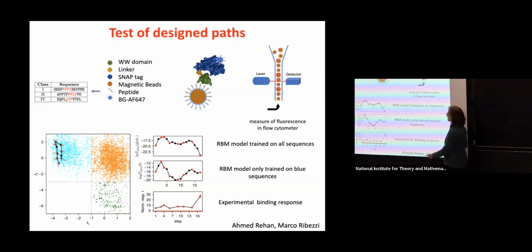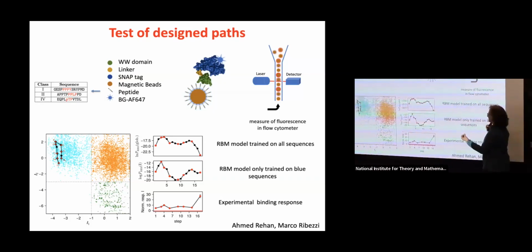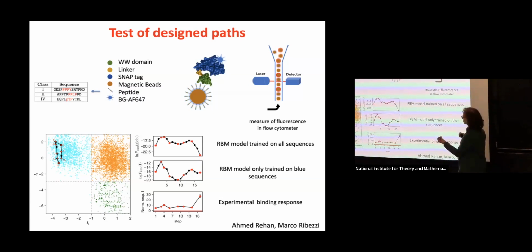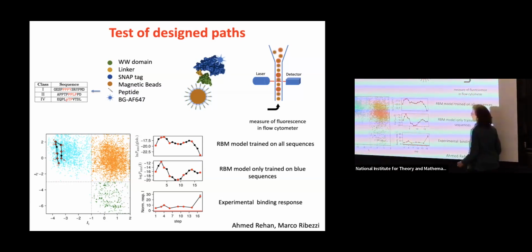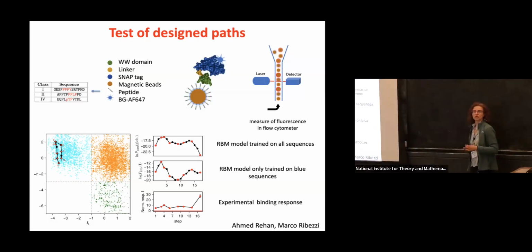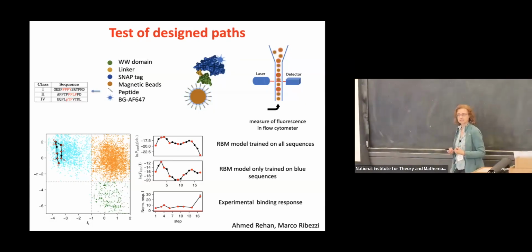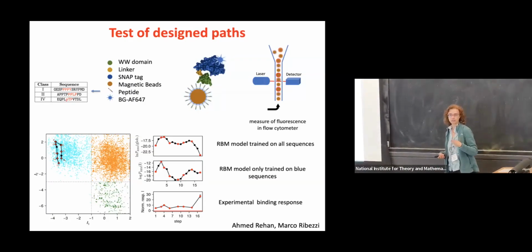You see that these 2 points here and here are the real proteins, and they have an RBM score which is smaller than some proteins along the path. In the RBM, if you decrease the sampling temperature, you can even design proteins which are more stable than the natural one.